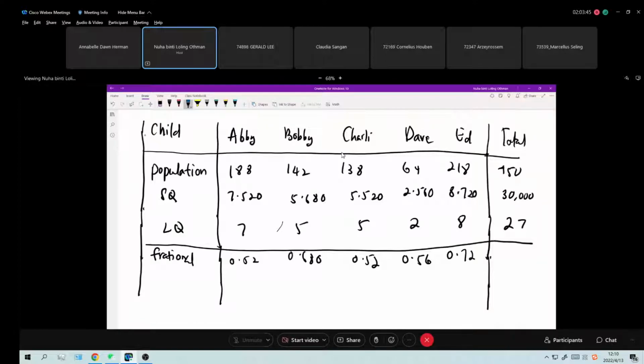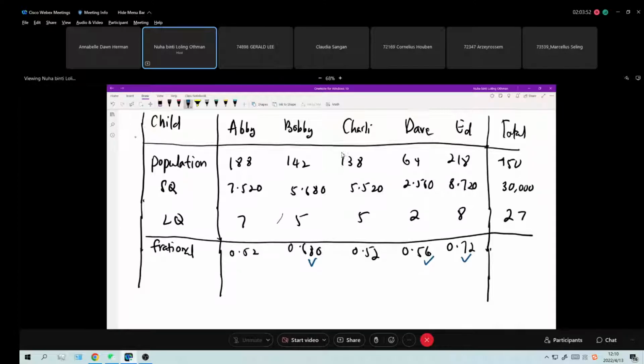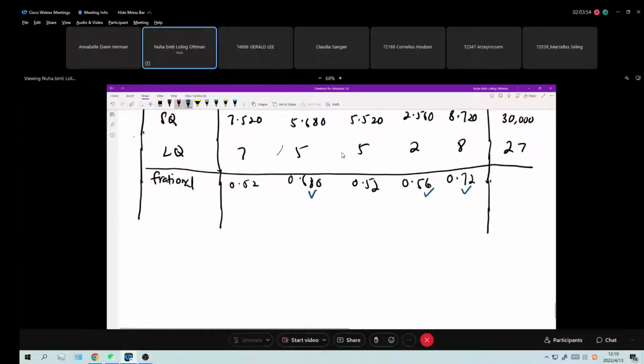Who gets the biggest? 1, 2, and 3. So the final allocation gives you 7, and with the extra candy: 6, 5, 3, and 9.